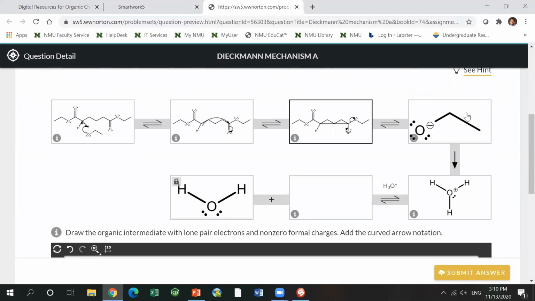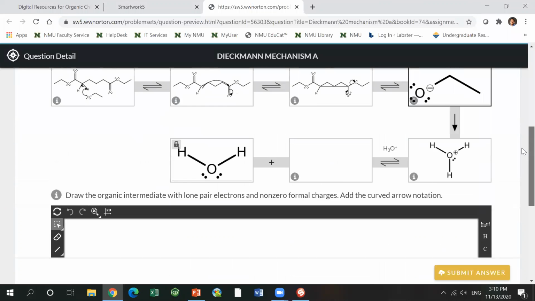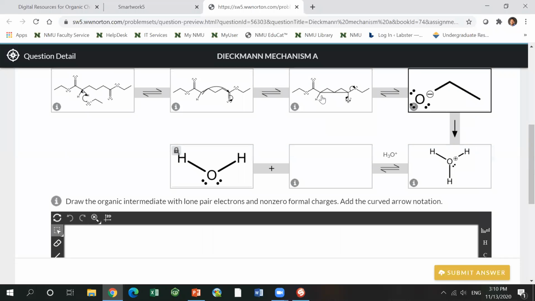Now we come to this step, where there's no template, so that's a little bit harder. You have a base structure that's a 5-membered ring, with the double bond here at the alpha carbon and another ester.